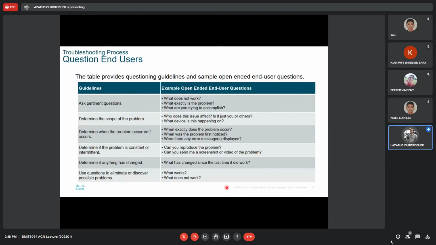Determine the scope of the problem. So is only this user affected, or is every user in the same LAN affected, or just one LAN affected, or are other LANs also affected with the same problem? Which device has problems? Determine when the problem occurred and occurs.